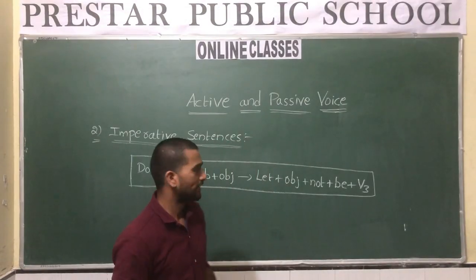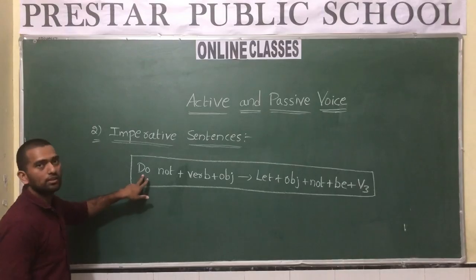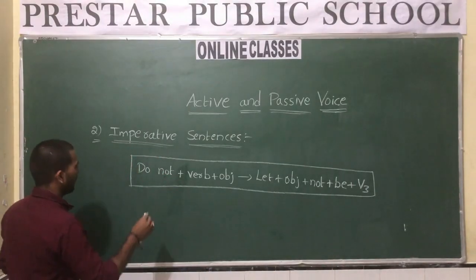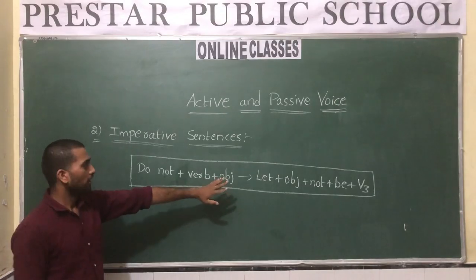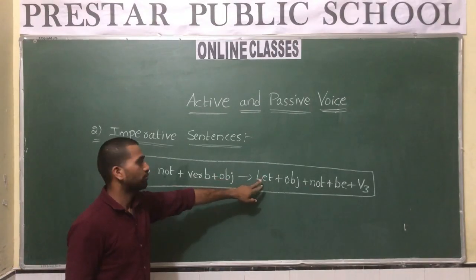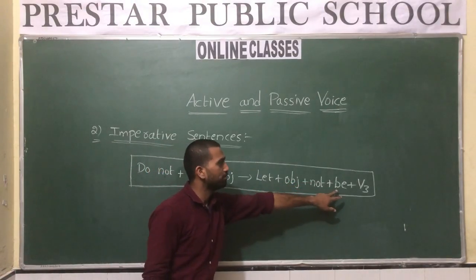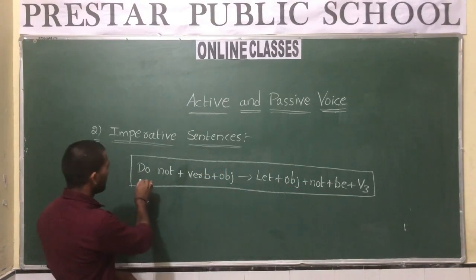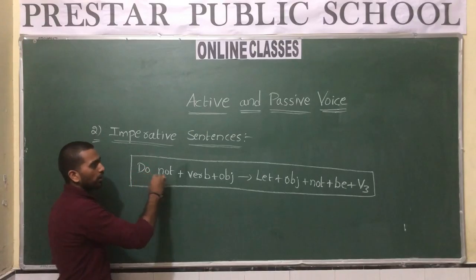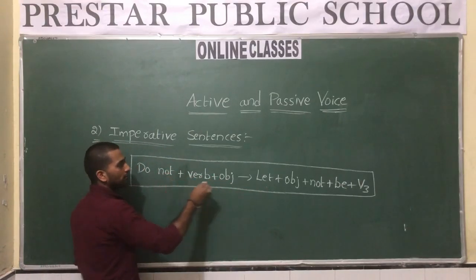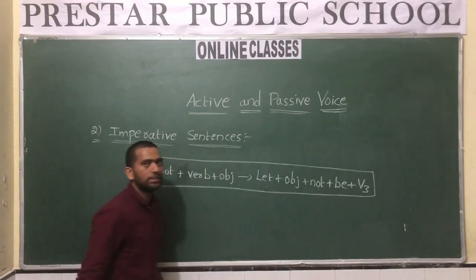If imperative sentences start with the words do not, meaning if it is in negative form, then the structure into passive voice will be like this: let plus object plus not plus be plus the past participle. See here, we are removing do while converting into passive voice, and we are adding not after the object.